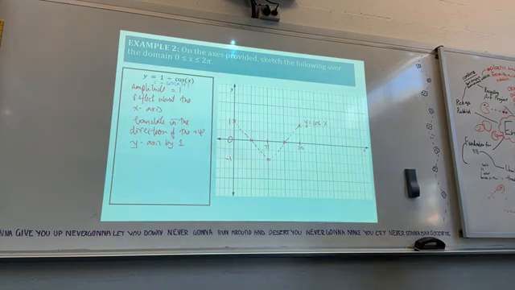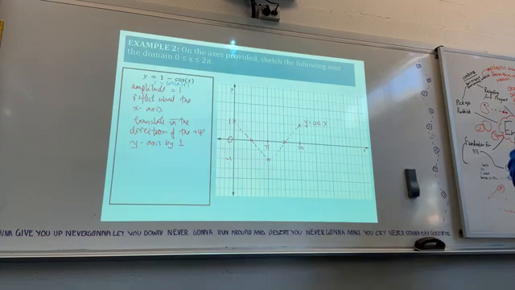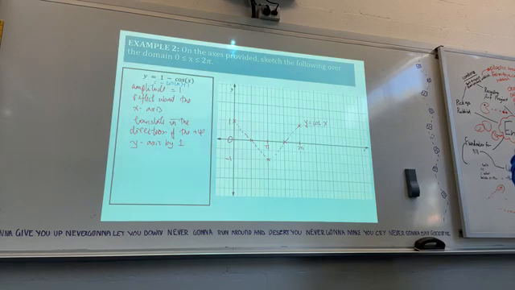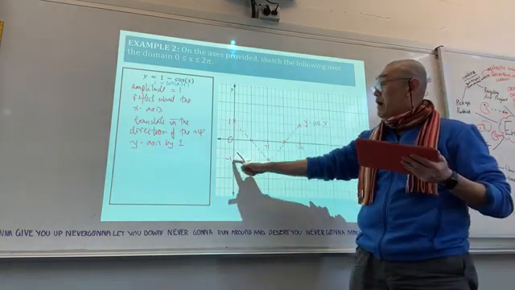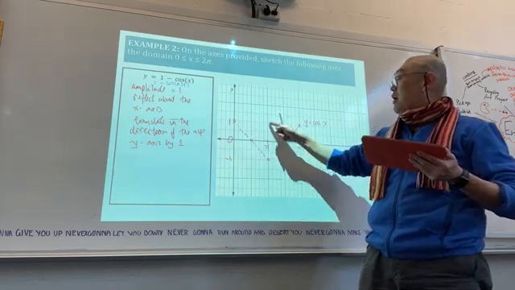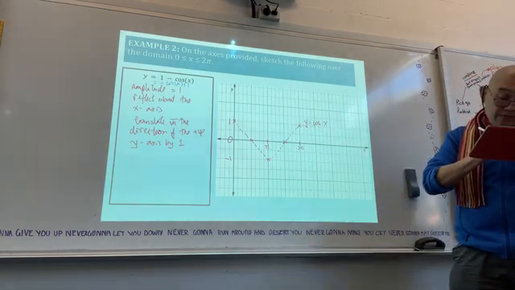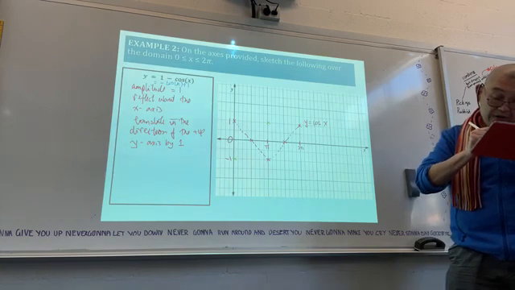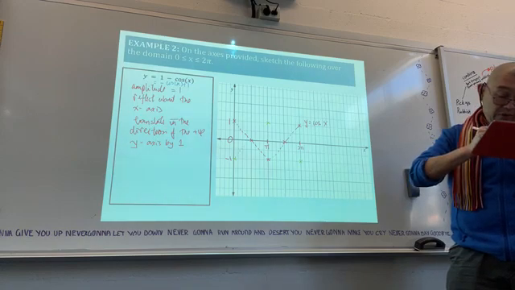Next, let's do the reflection, using a different color. This is reflected, so it will be minus 1. That still remains at 0. That will be plus 1. That remains at 0, that will be minus 1. So that's a reflection. I'm just going to plot 3 points.